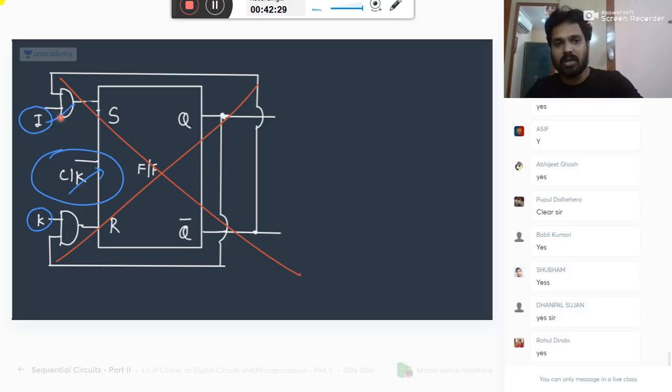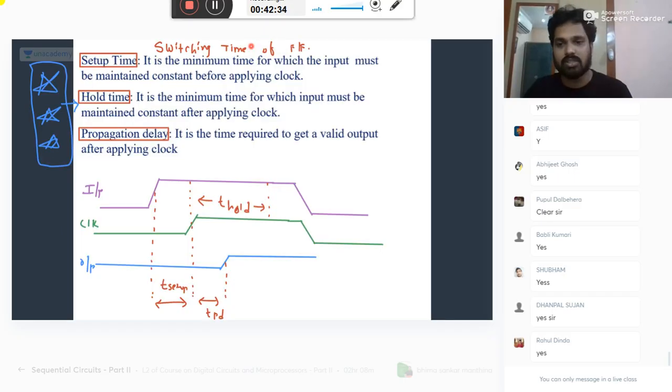So before applying the clock, according to the system available, it is the minimum time required for which the input must be maintained constant before applying clock. Before giving this clock itself, the minimum time you should be ready is called setup time.